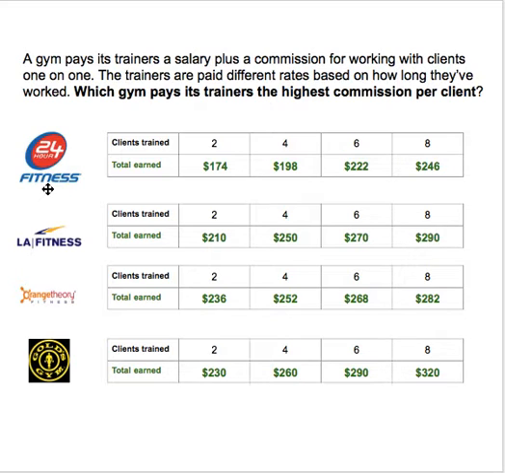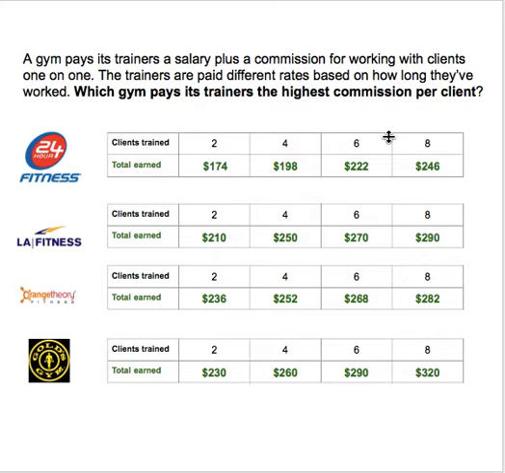So what we can do is we can look at the change in each hour. So luckily for us, they're all in clients of 2. So we could take the value of X and the value of Y, and we could figure out what the commission is per client. All right.